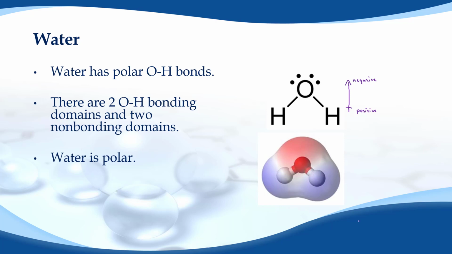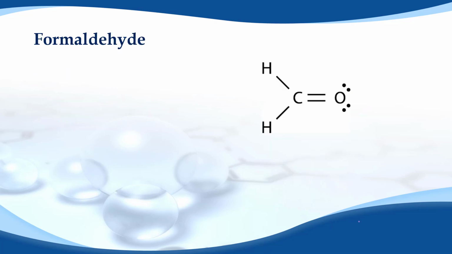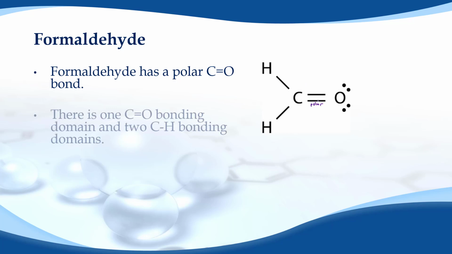Our next molecule, the same one we drew as our first Lewis structure, formaldehyde. The carbon-oxygen bond is polar. The carbon-hydrogen bond, by definition, is not polar. So the oxygen side is negative, the carbon side is positive, right?